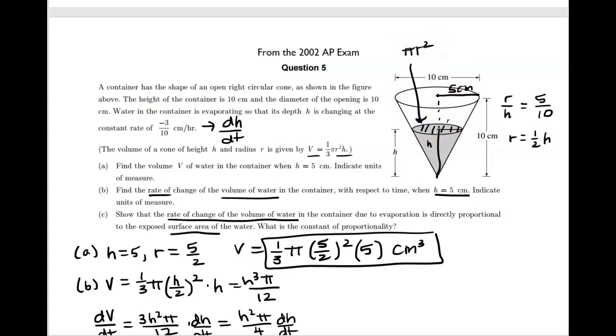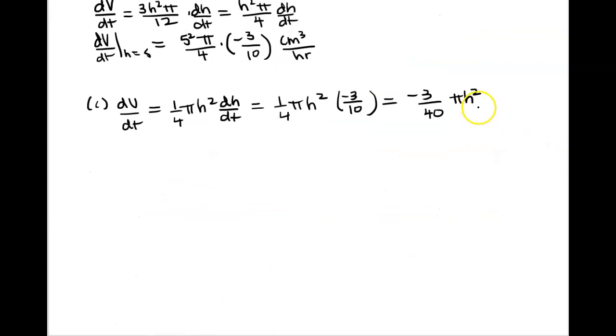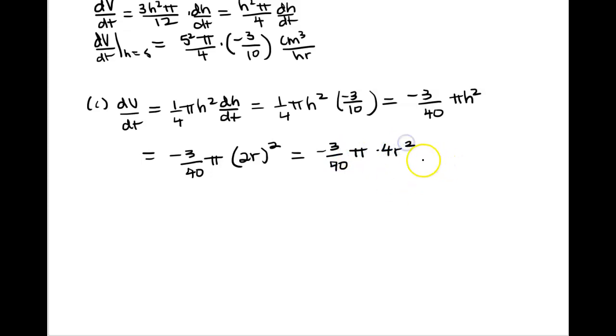Our equation right now has an h in it, so we're going to translate it back into r's. That has to be negative 3 over 40 times pi times our height, which is 2 times our radius, squared. So we get negative 3 over 40 times pi times 4r squared, which is negative 3 over 10 times pi r squared.